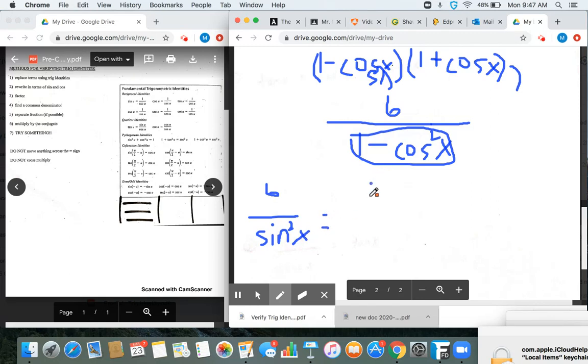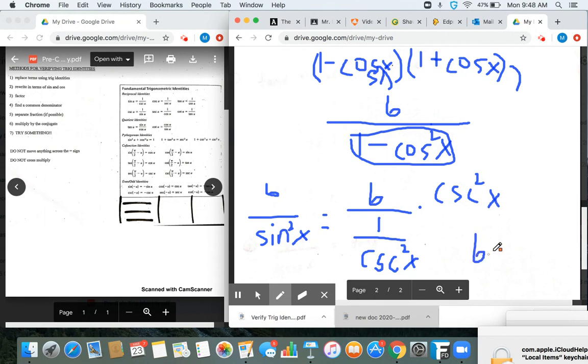So this equals 6 over 1 over cosecant. All right. And rather than divide by this fraction, I can bring it up, multiply by its reciprocal. And that's where we get our answer and how we would verify it to be 6 cosecant squared x.